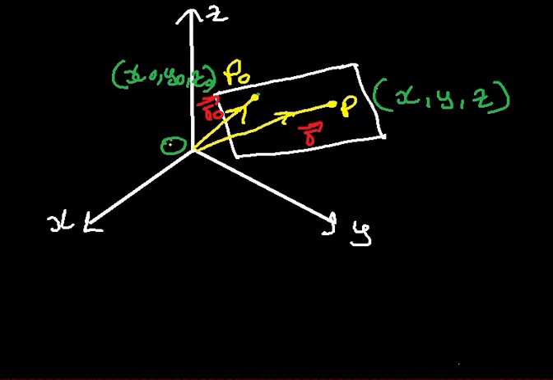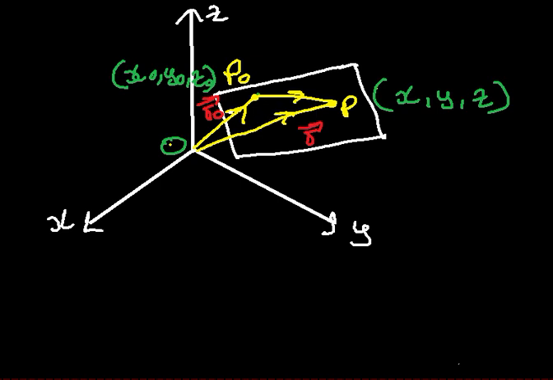Let me connect a line. As you can see, the vectors are head to tail. This vector is head to tail with this vector. That is the vector P naught P, where this is the resultant.